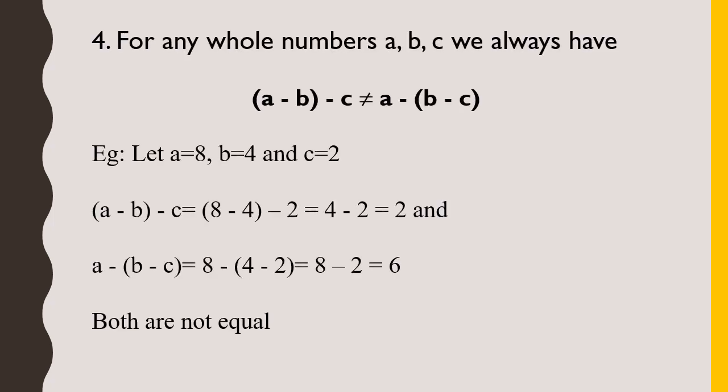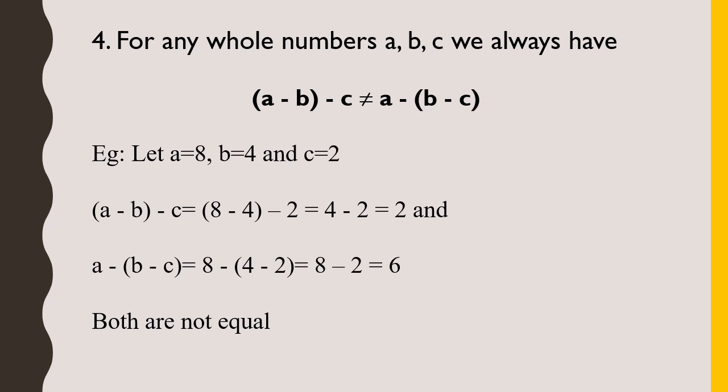This is the associative law which we learned in addition also. See it properly. Here we have a minus b in brackets, then we subtract c on the left hand side, and on the right hand side we first subtract b and c, and then when we get the result, we subtract it from a.